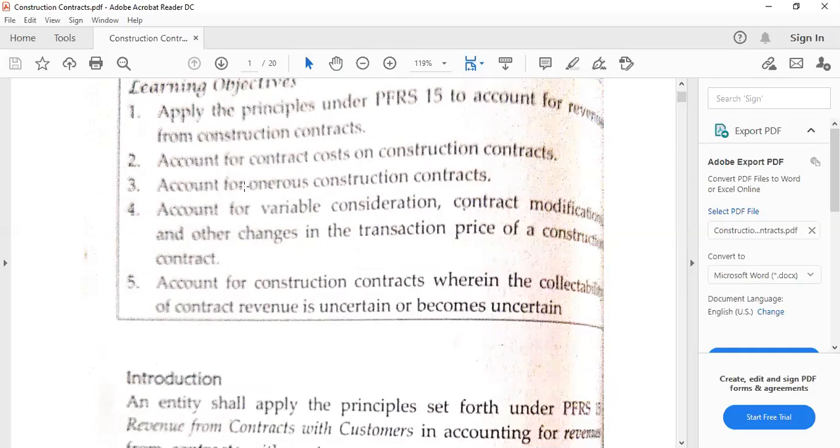Number three is to account for onerous construction contracts. If we say onerous, this simply means that the contract is burdensome on the end of the parties involved in that contract. So to discuss, a construction contract is basically composed of two parties.